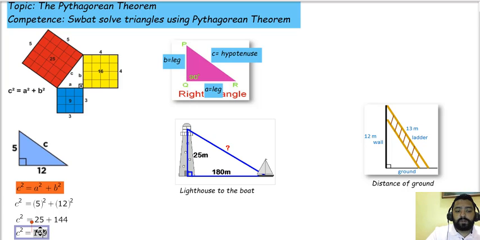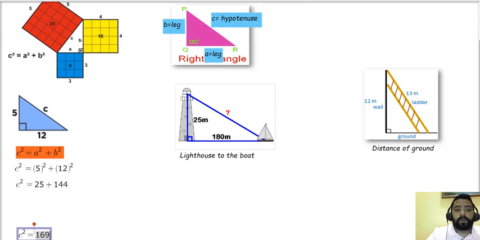But this is not a solution because you have to try to eliminate this power. So how are you going to do that? We are going to take the square root on both sides. So in the next step, we are going to write the square root of c to the second equals the square root of 169.